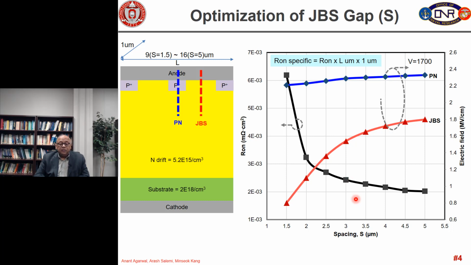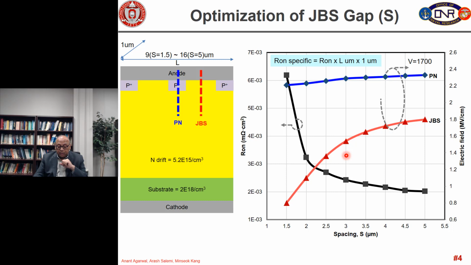And you can see as we increase the spacing, the resistance drops as expected and explained in the previous slide. So what we are trying to do here is to find an optimum JBS gap at which resistance is small and electric field is not too high.